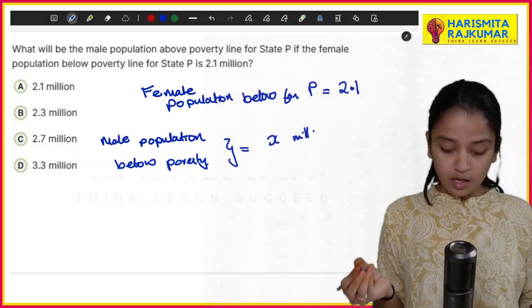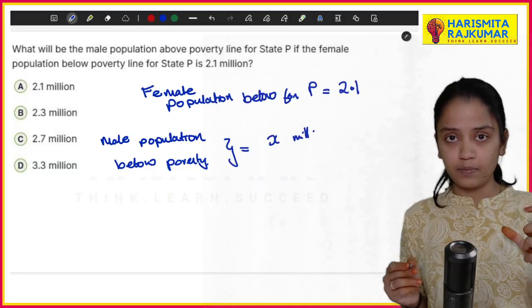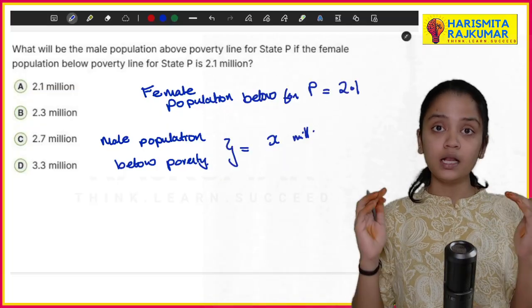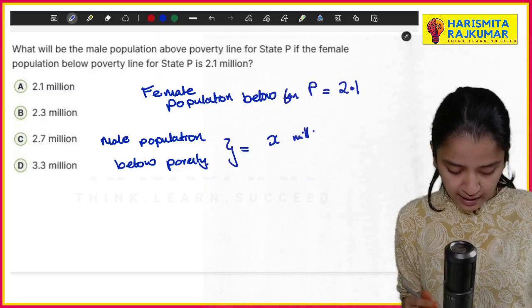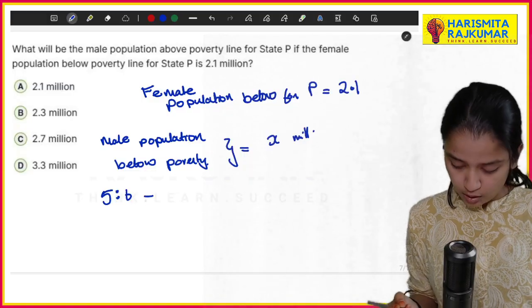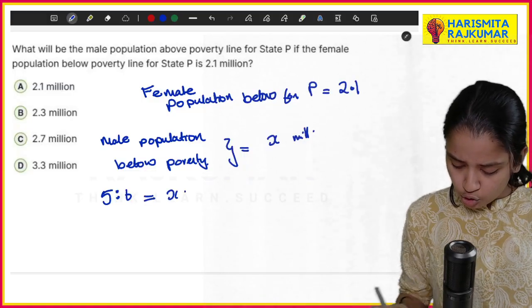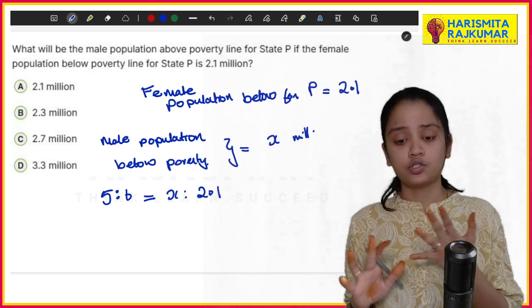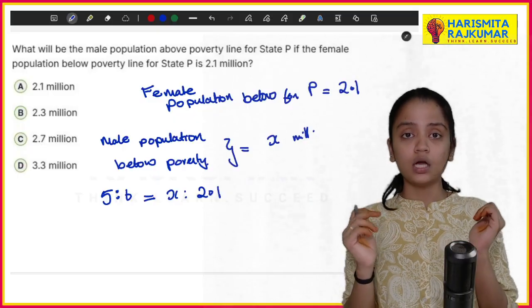If you check the table, the ratio between female and male below the poverty line is 6:5. So 5:6 is equal to X is to 2.1 million, because X is what we have assumed as the male population below the poverty line.